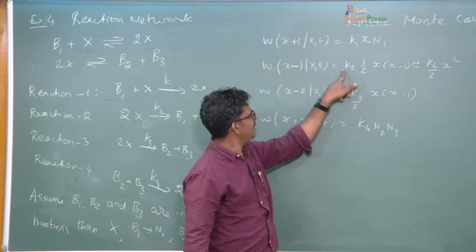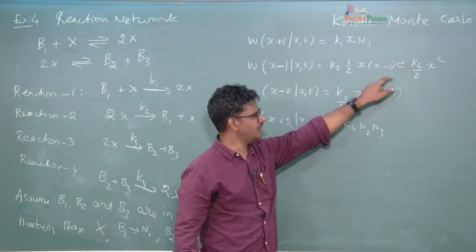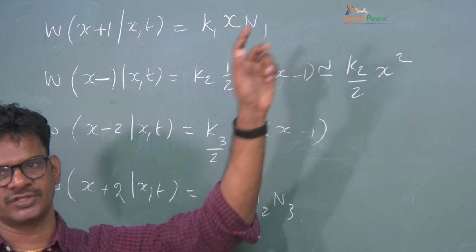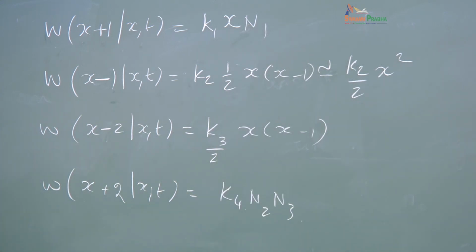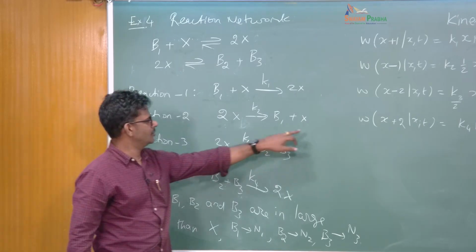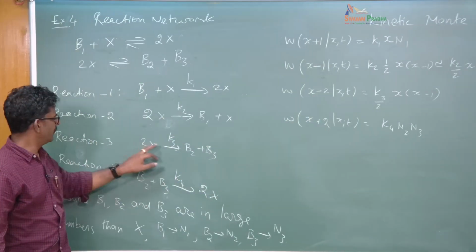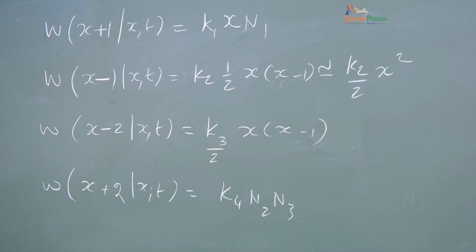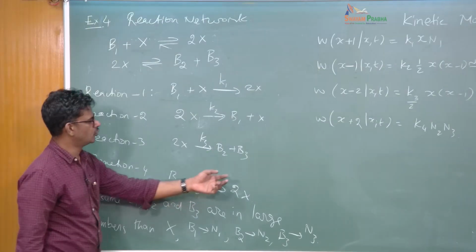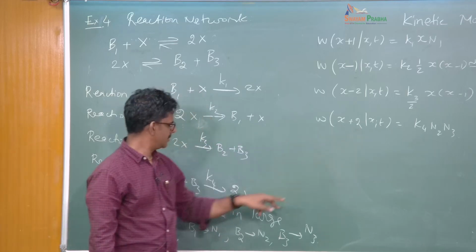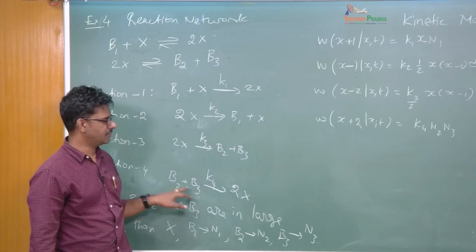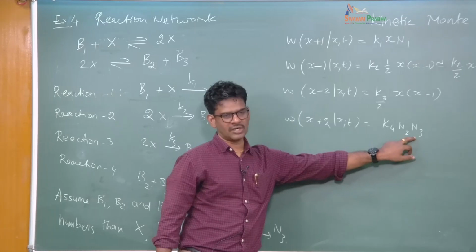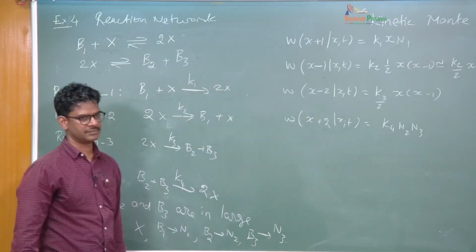So it is basically K2 times 1/2 X into X minus 1, or simply you can write K2 by 2 X square, if you like, a bimolecular reaction. Reaction 3, where 2 molecules are decaying, has a rate equal to K3 by 2 X into X minus 1. And the fourth one, where 2 molecules of X are created from B2 and B3, whose numbers N2 and N3 are constant, has rate K4 times N2 times N3.